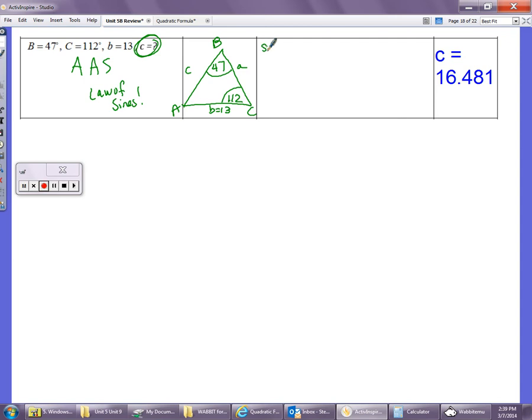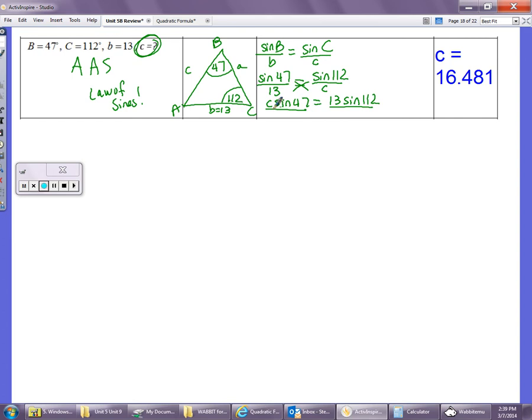So we can say sine of B over B equals sine of C over C. So B is 47 over 13, and that's 112 over C. Cross multiply, and we get C sine 47 equals 13 sine 112.